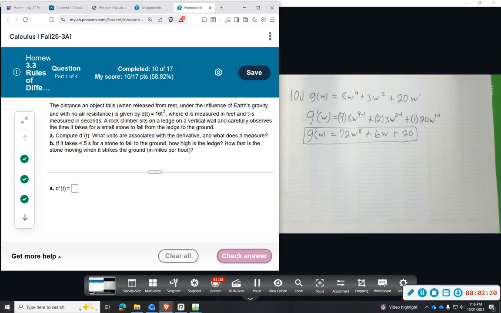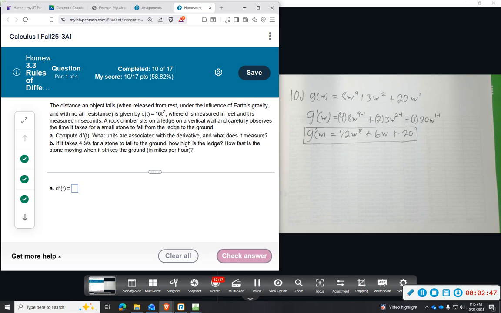All right, number 11. The distance an object falls when released from rest under the influence of Earth's gravity, with no air resistance, is given by 16t squared. D is measured in feet, t is measured in seconds. A rock climber sits on the edge of a rock wall vertically and carefully observes the time it takes for a small stone to fall from the ledge to the ground.